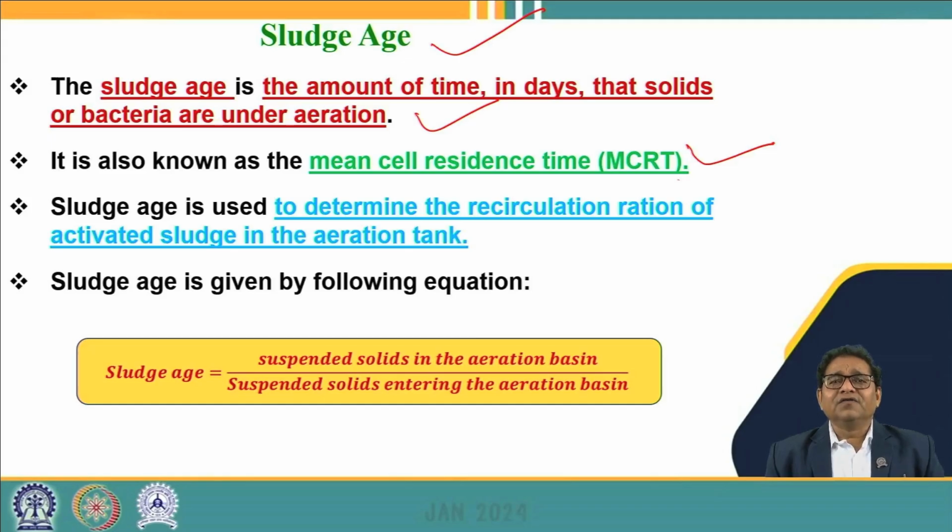And this parameter is used to determine the recirculation ratio of the activated sludge in the aeration tank to maintain proper F/M ratio. And this can be determined by this formula. This is equal to the suspended solid concentration in the tank divided by the incoming or outgoing suspended solid concentration in the aeration tank.